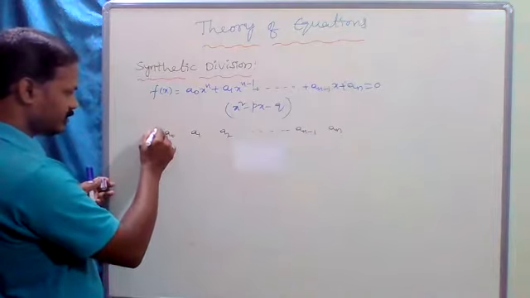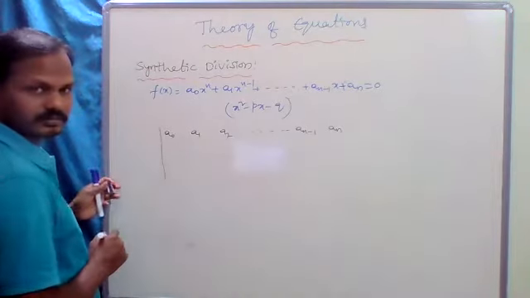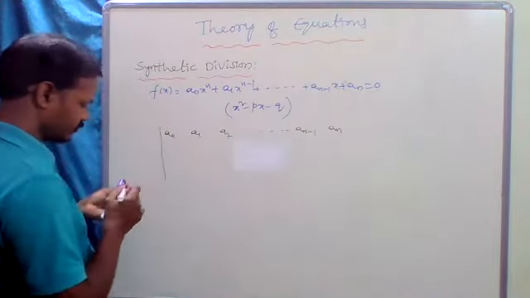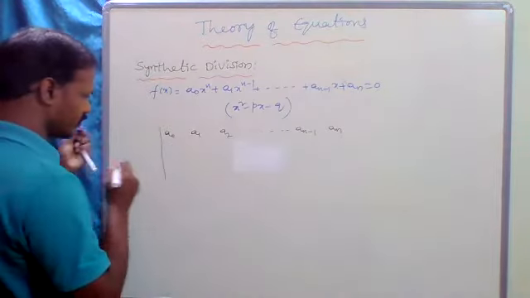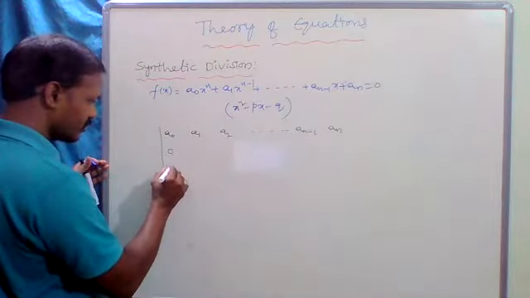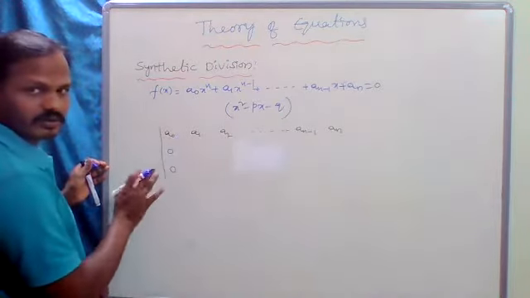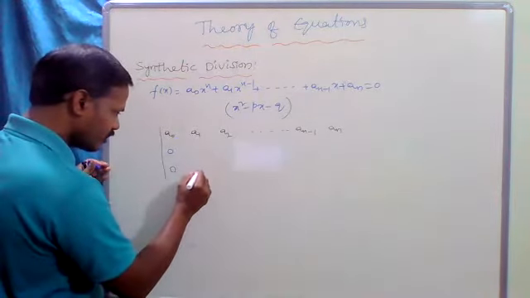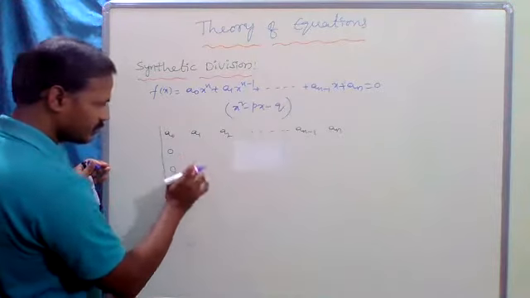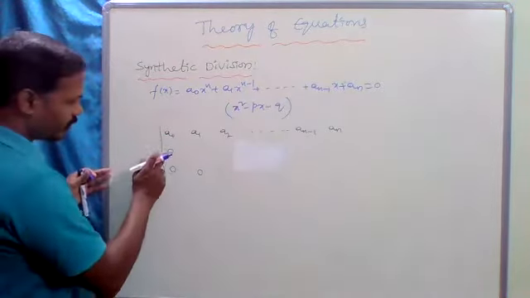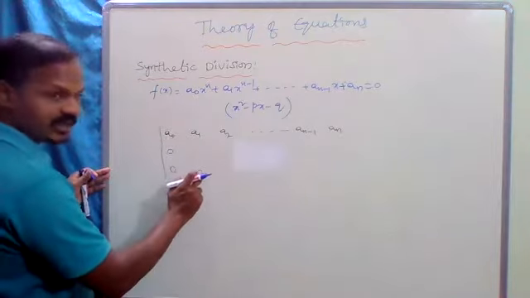Now take a vertical line. Now write 0 here. Write 2 zeros under a0, and here also a 0. Listen carefully, it is in a triangle form.